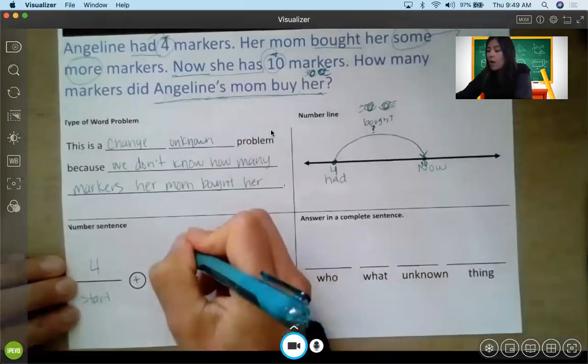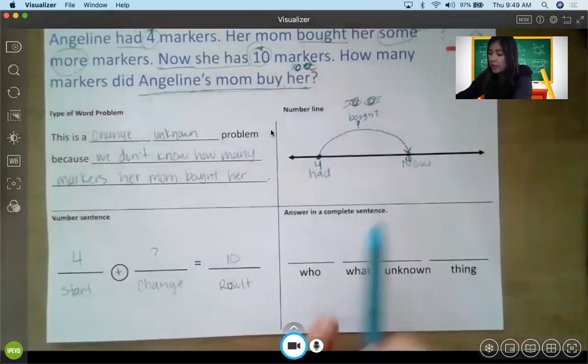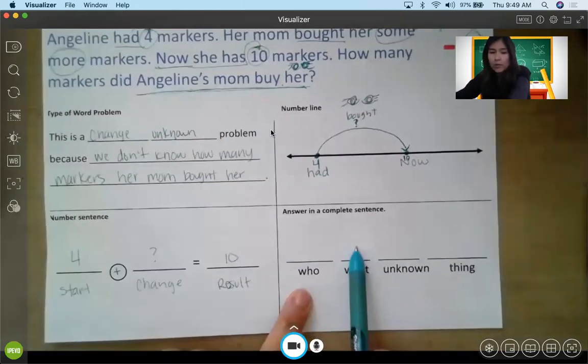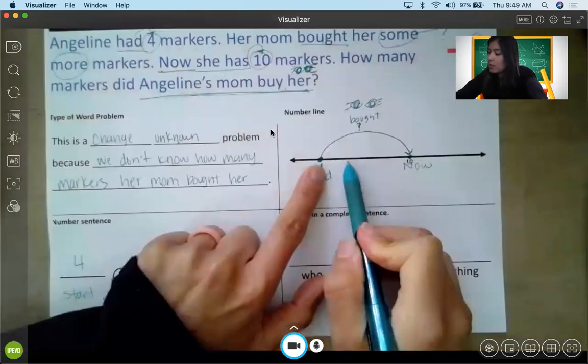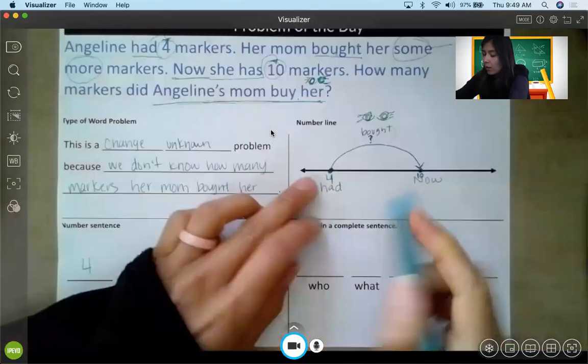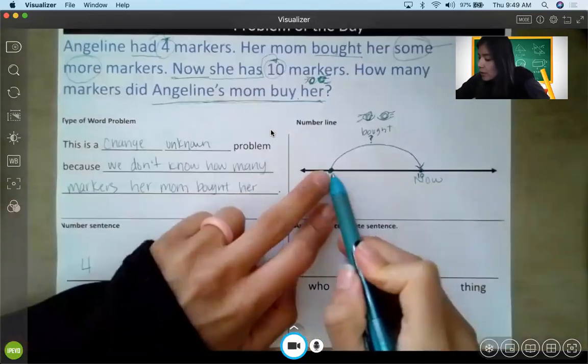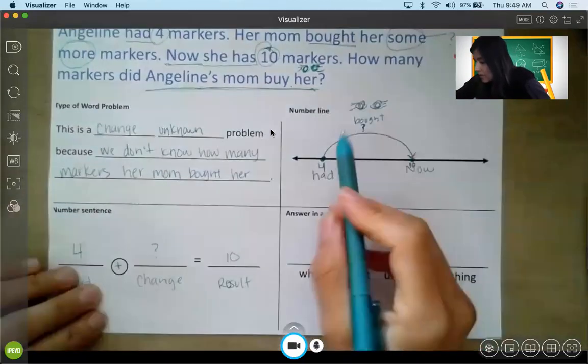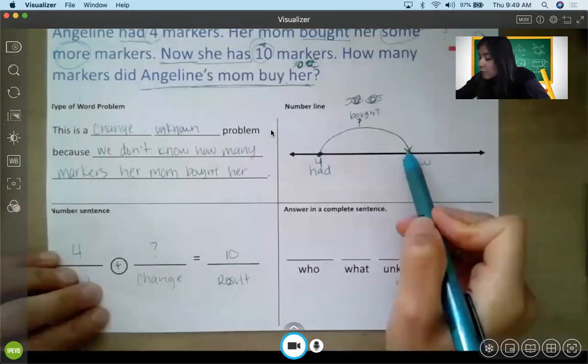Now, in order to answer in a complete sentence, I'm going to use a number line to solve this problem. My job is to find out how many spaces are in between 4 and 10, right? So I had 4. How much did I need to add to 4 in order to get to 10?